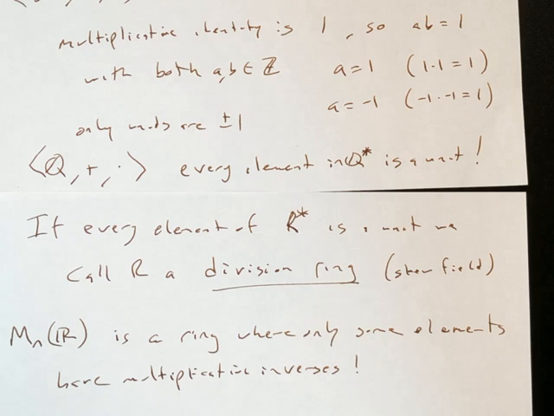There's a fundamental difference between the ring of matrices and the rings of numbers when it comes to the multiplication. What's different for the multiplication in matrices?